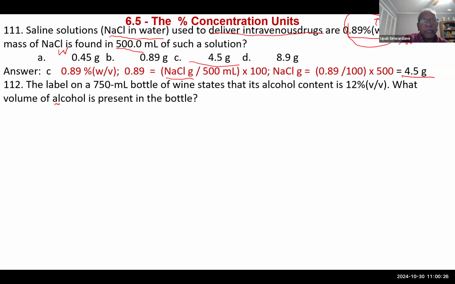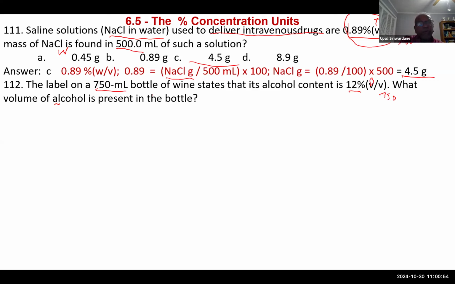A label on a 750 milliliter bottle of wine states that the alcohol content is 12%. What volume of alcohol is present in the bottle? Alcohol is this one, the part. Total is 750.